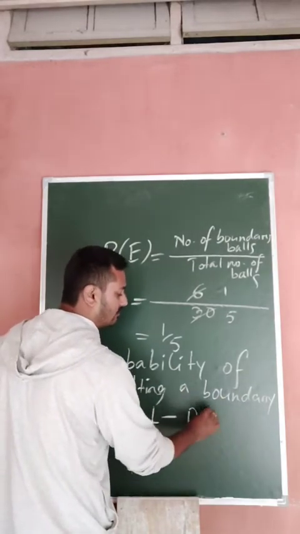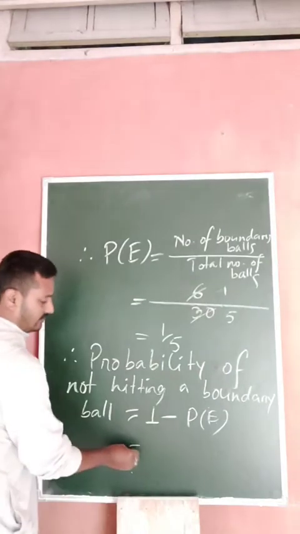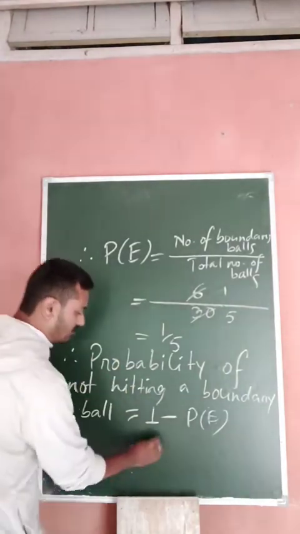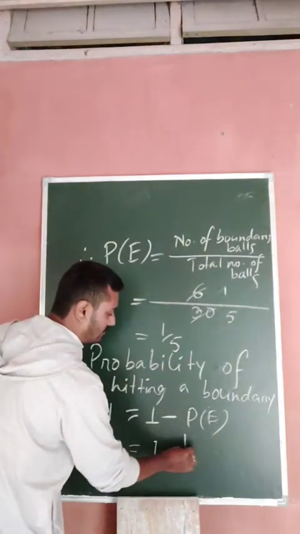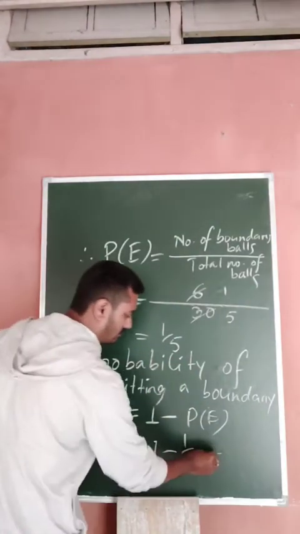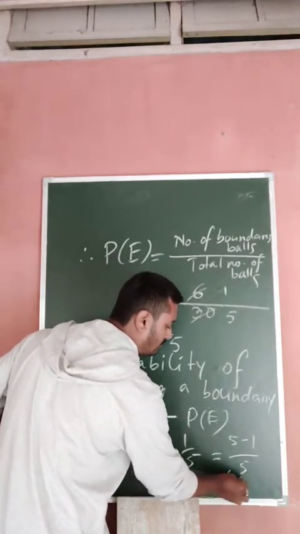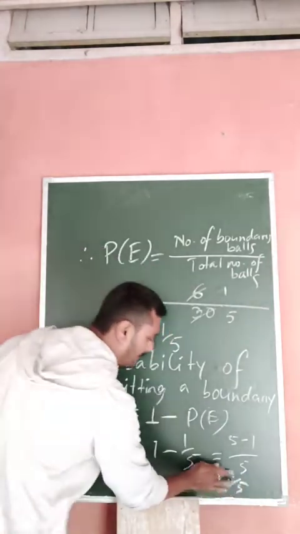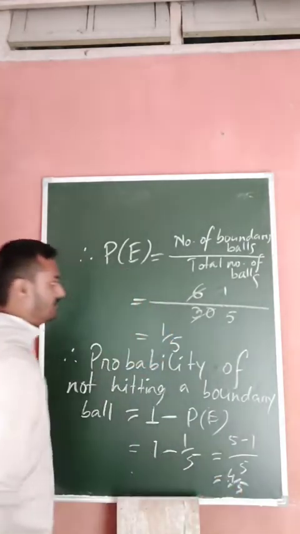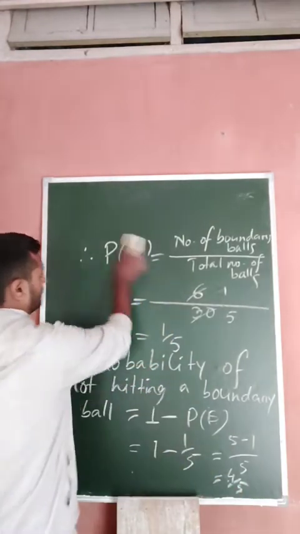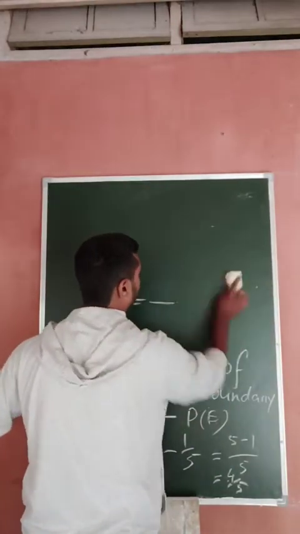That means you can write 1 minus probability of E, because we are taking E as the event of getting a boundary ball. So 1 minus 1 by 5. If you take the LCM, that is 5 minus 1, so 4 by 5 is the answer. You can solve this question in this way, or you can solve it directly.